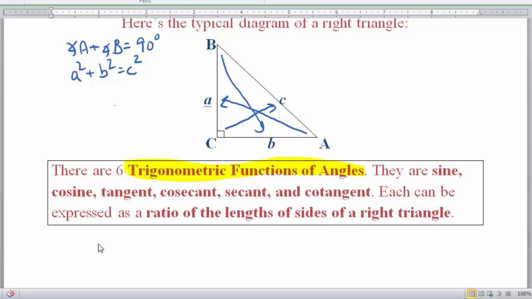And a function, of course, has an input and an output.